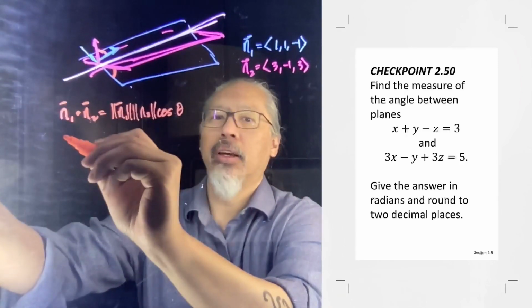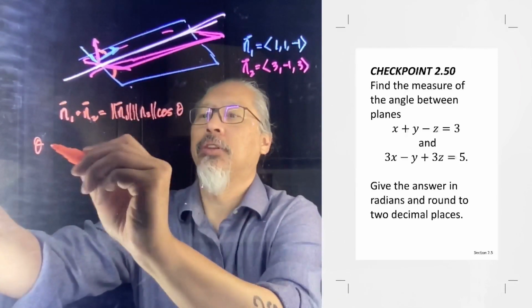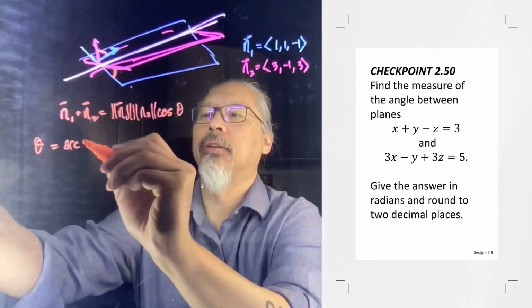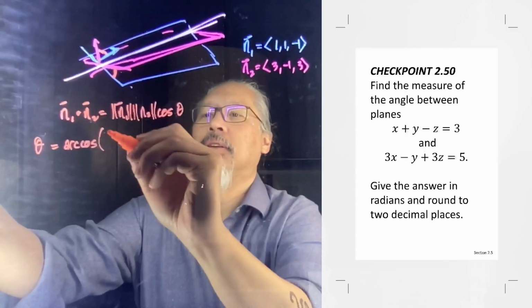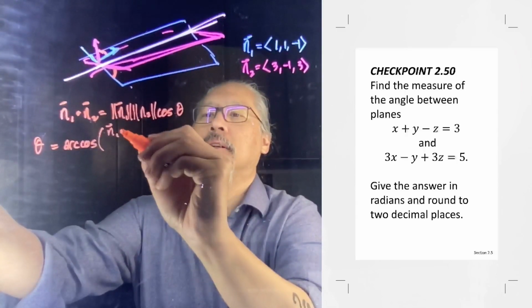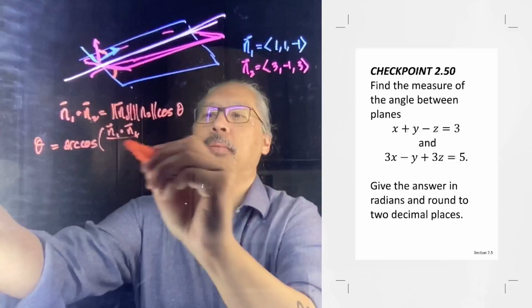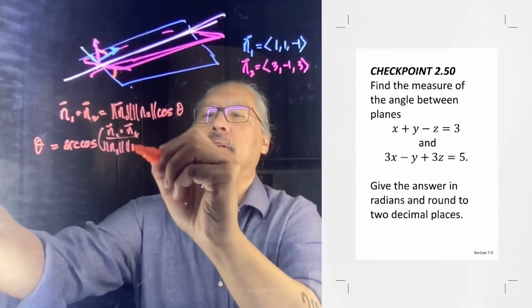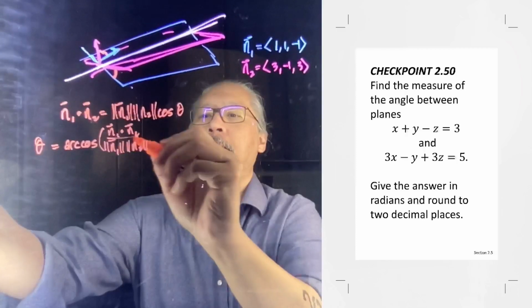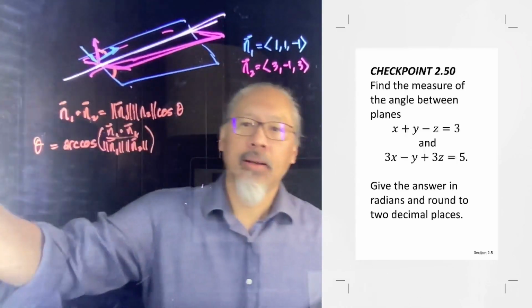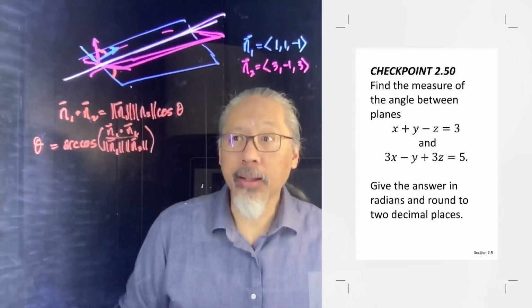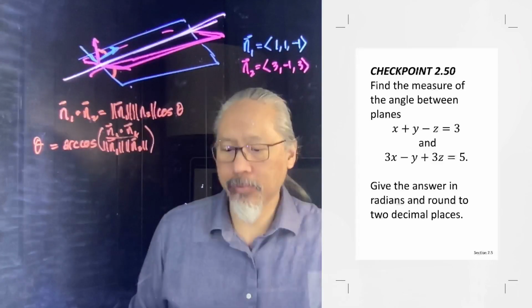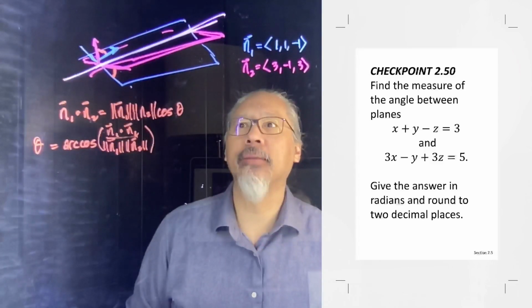So theta should equal the arc cosine of n1 dotted with n2 divided by the magnitudes of each, and then we just get the decimal approximation for that.